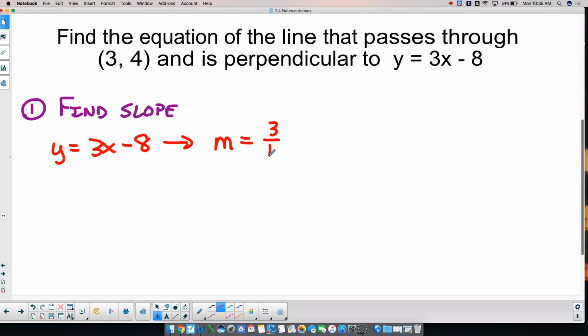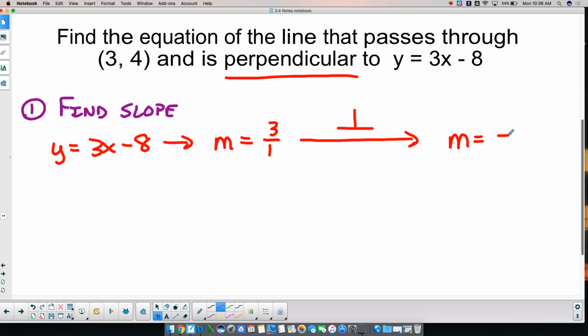I like that. Okay? So to make that perpendicular, I have to opposite reciprocal that. So the opposite part makes it become negative. It's 3 over 1.